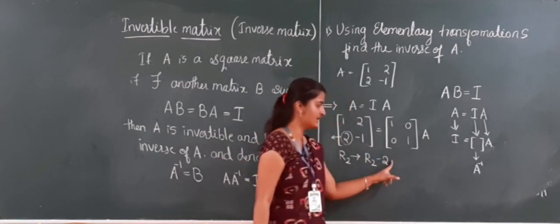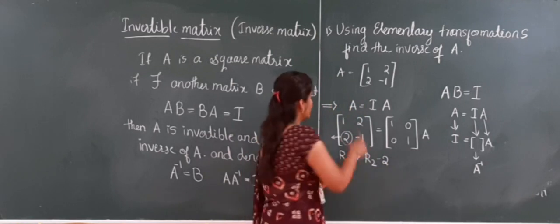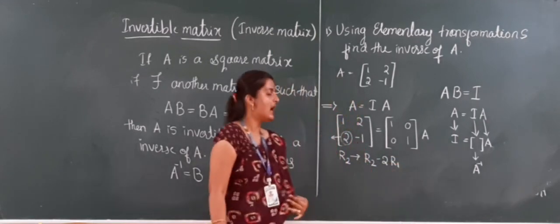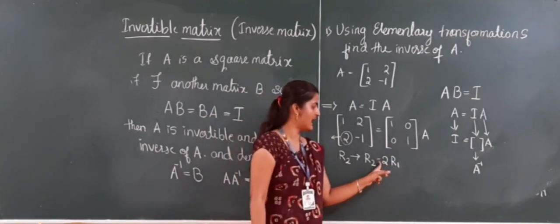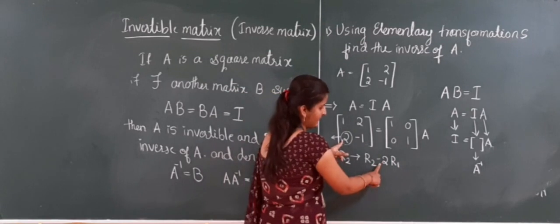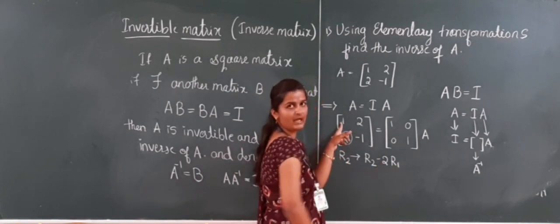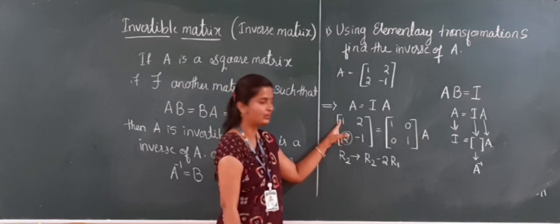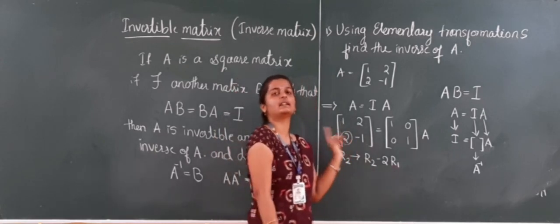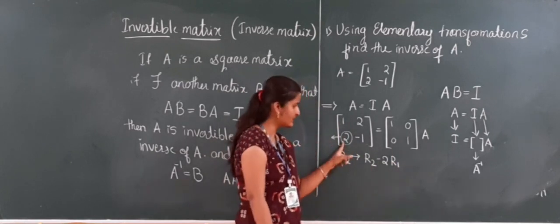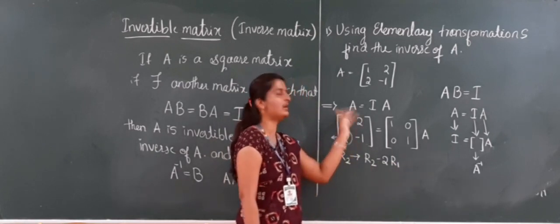But the condition is I have to use another row, so I multiply R1. R2 changes to R2 minus 2R1. So 2 minus 2 into 1; corresponding elements I have to multiply. 2 into 1 is 2, and 2 minus 2 gives 0. So like this you have to take the operations: R2 changes to R2 minus 2 into R1.